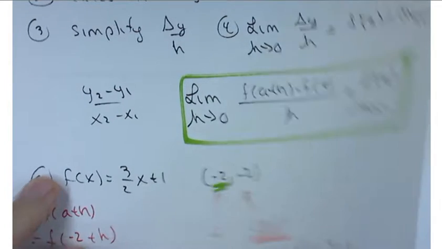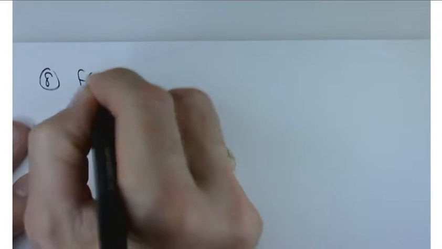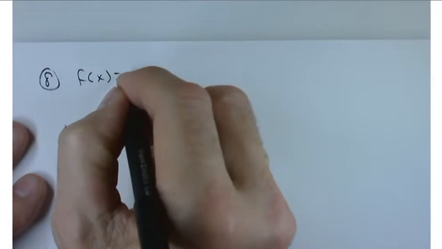All right, let's try one that's a little bit more challenging. Problem number 8. For 8, f of x is 5 minus x squared.